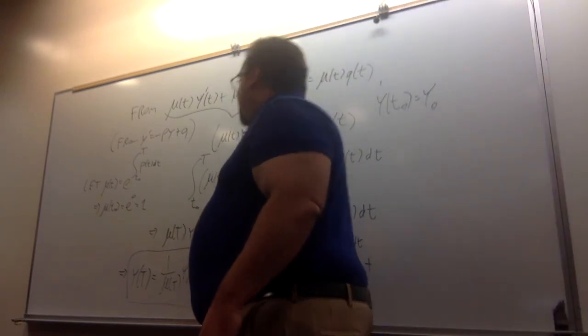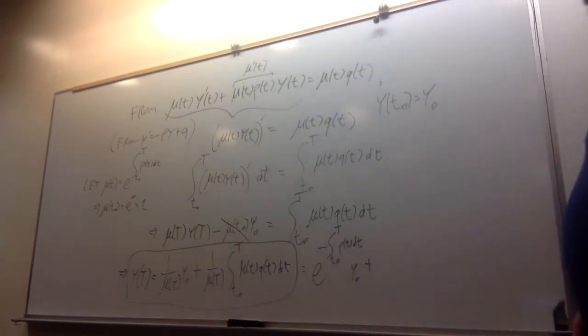Here I have the integral from t naught to big T, only it's negated. When you have a definite integral and you negate it, what happens to the limits? You switch them. Yeah, switching the limits is the same as negating the integral.